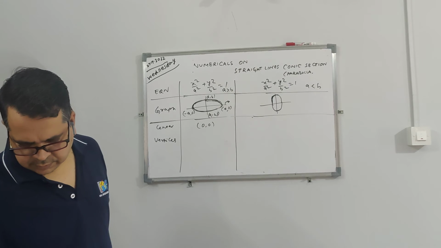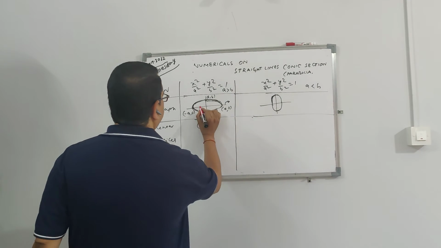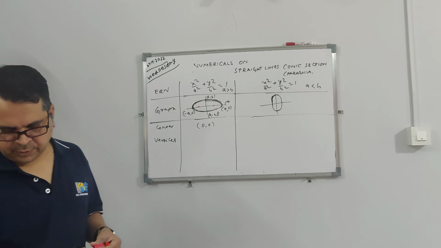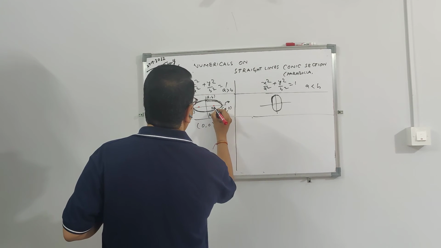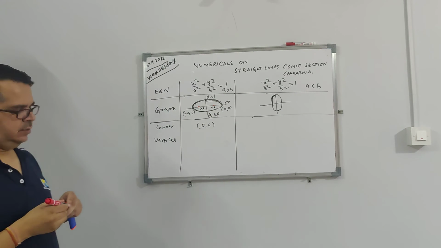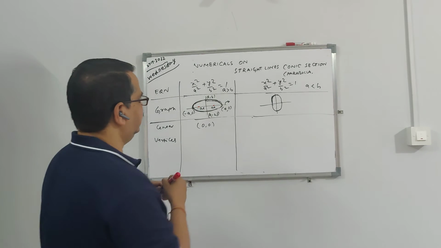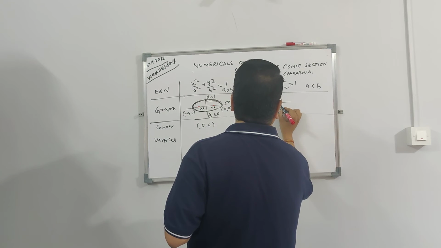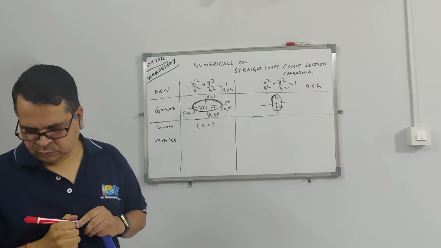You will have some point that is the focal point. Here also you will have a point, here also you will have a point, which are called the focal points. Their coordinates are like ae and minus ae. So e is your eccentricity. And here it will be be and minus be.